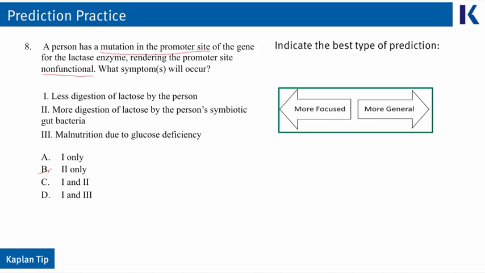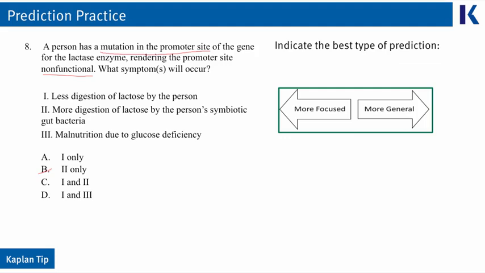Let's move on to Roman numeral 2 because it still addresses digestion. Roman numeral 2 does not quite match what is stated in the prediction, but still makes sense as a sensible answer. If a person does not digest lactose him or herself, that lactose can still be broken down by the symbiotic gut bacteria that exist primarily in the large intestine.